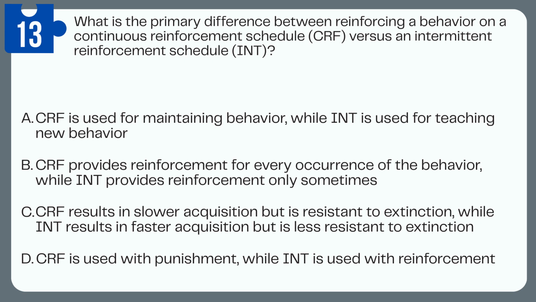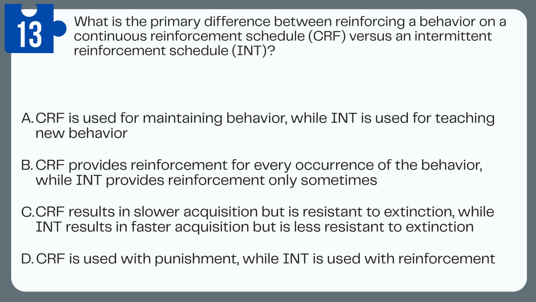Question 13. What is the primary difference between reinforcing a behavior on a continuous reinforcement schedule, CRF, versus an intermittent reinforcement schedule, INT? A. CRF is used for maintaining behavior, while INT is used for teaching new behavior. B. CRF provides reinforcement for every occurrence of the behavior, while INT provides reinforcement only sometimes.